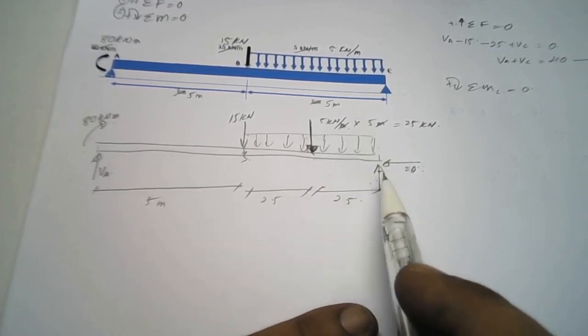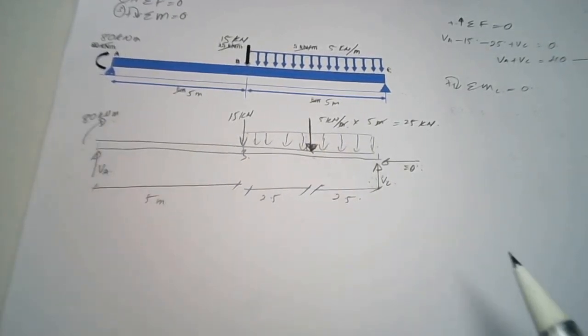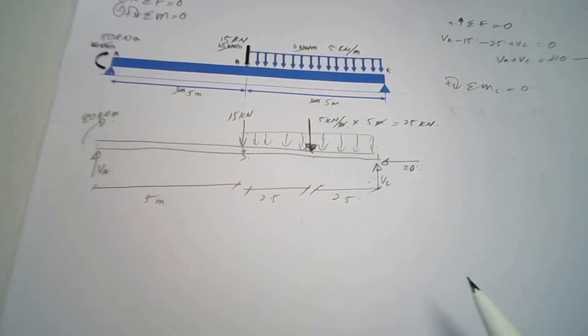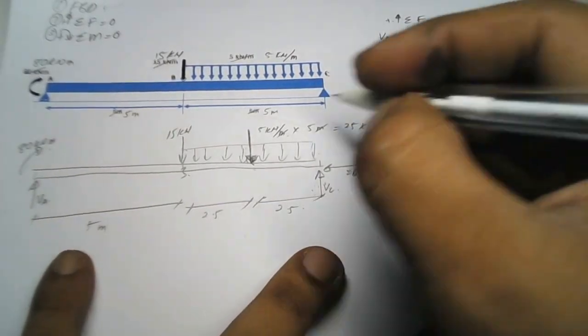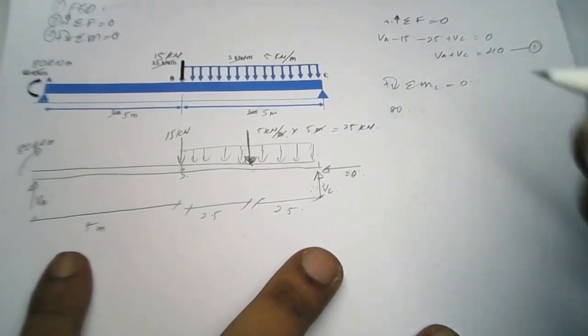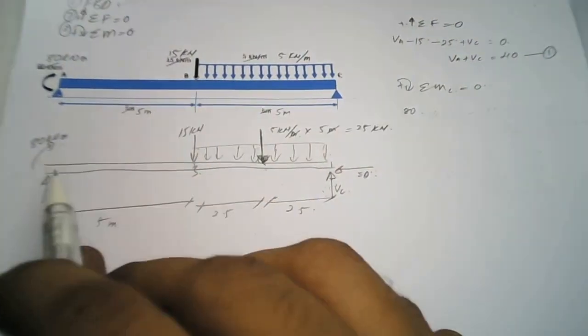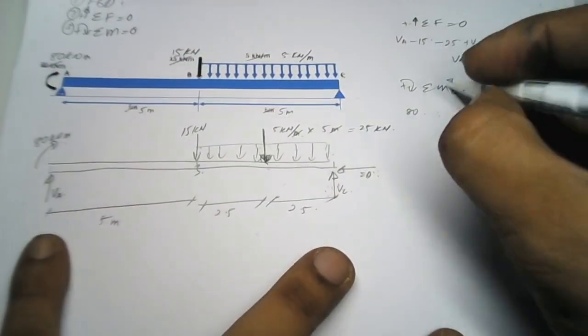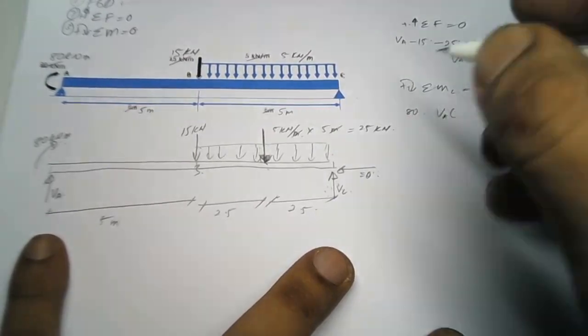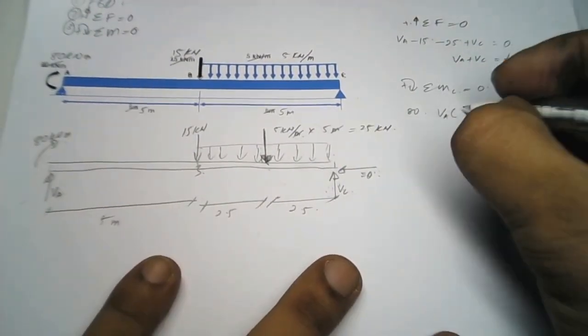So we have one, two, three, four, five total moments to sum. The first one is 80 here, and then we have VA. VA we have to multiply with the distance here, which is 10.